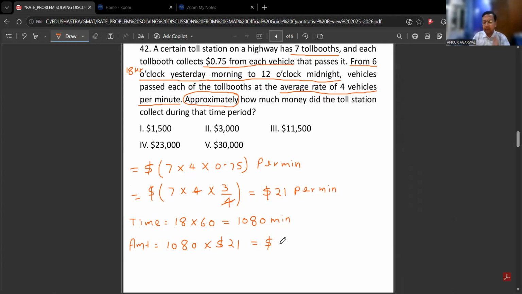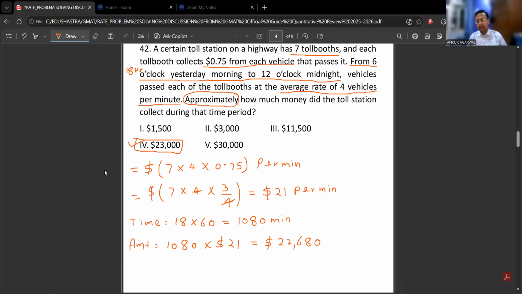This is coming out to be, when you simplify, 22,680. And the question is asking for the approximate answer. So what is my answer here? The answer is the fourth option.